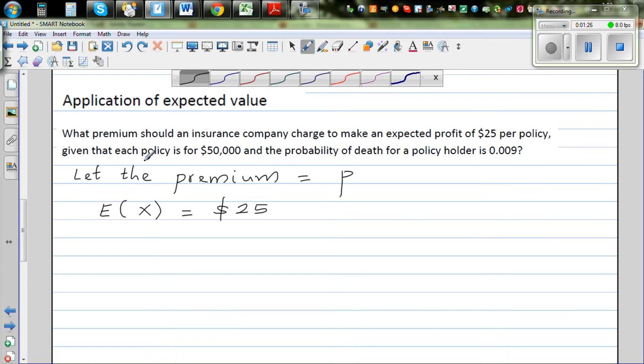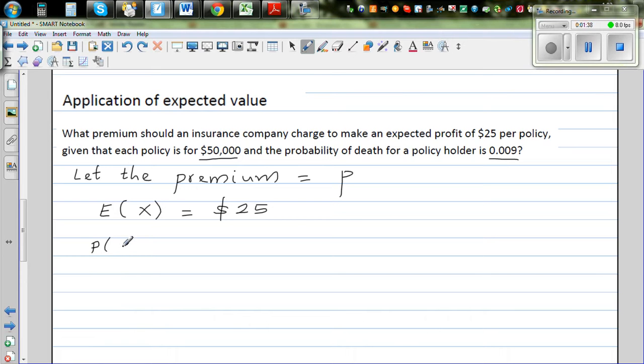The insurance amount is 50,000, and the probability that a person dies in that category is 0.009. So let's write the facts that we have: the probability of death is 0.009. This implies the probability of the policyholder being alive would be 1 minus the probability that a person dies, 0.009.